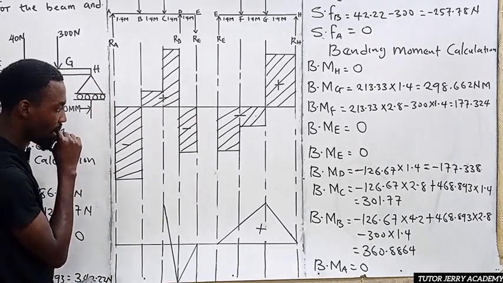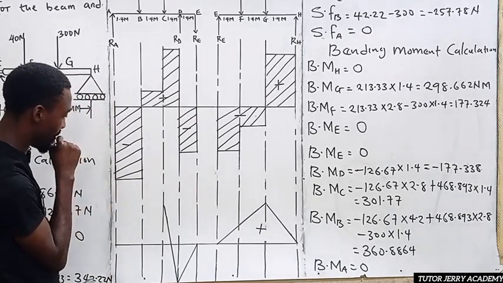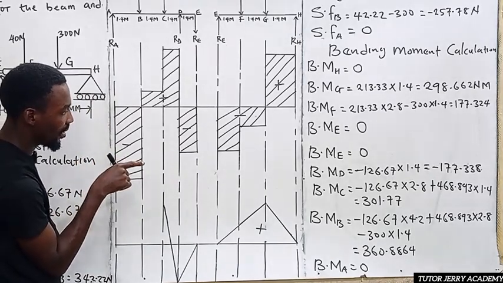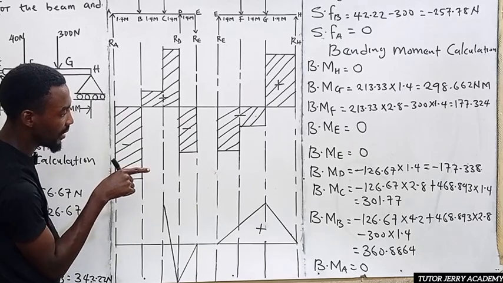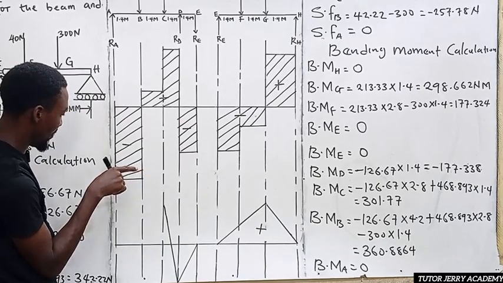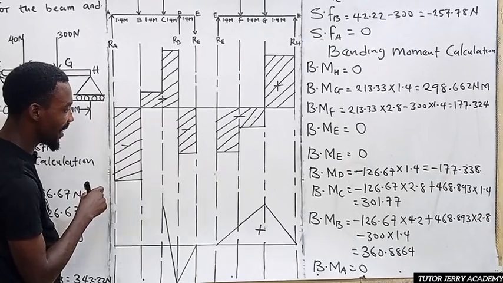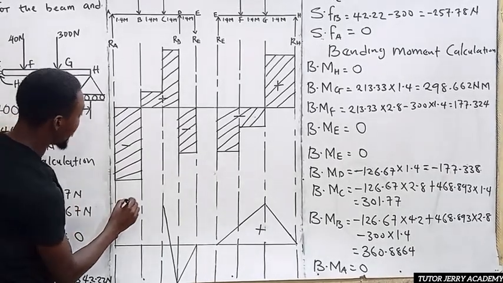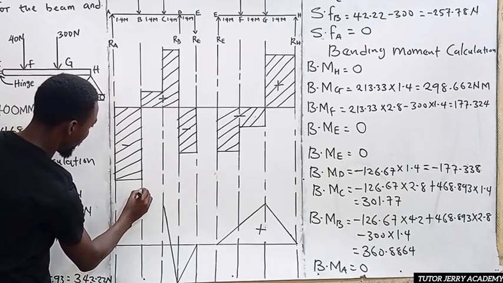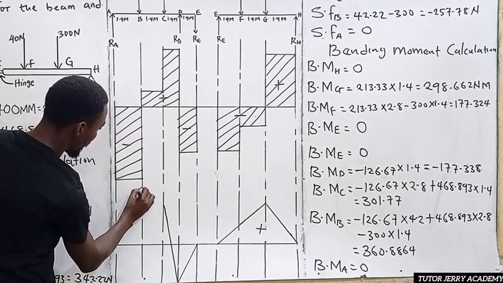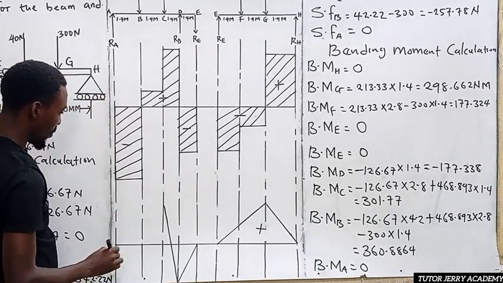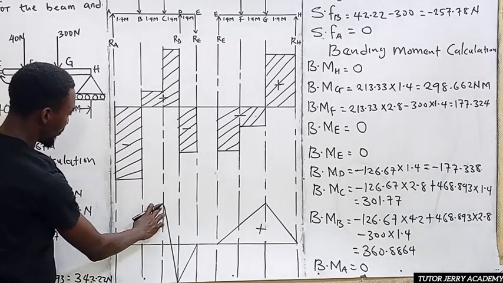All right, so now at point B, we have our moment to be what? 360.88. So 360.88 is higher, right? So it's going to be somewhere here. So we are going to use an inclined line to join this point to this point.